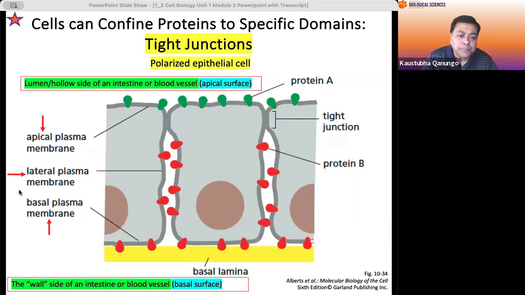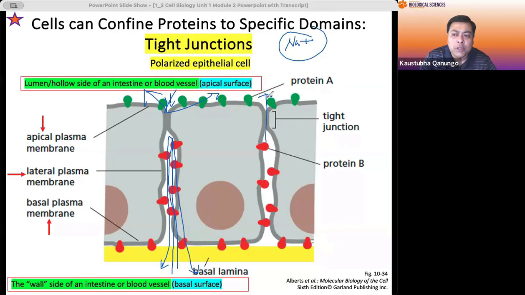So any molecule from here cannot go through here. It will go back. It cannot go through here. Any molecule that comes from here cannot go through here. So everything will come out. There are only very few molecules, for example, we'll see that sodium is one of them that can move through these tight junctions. But most molecules cannot move through these areas.